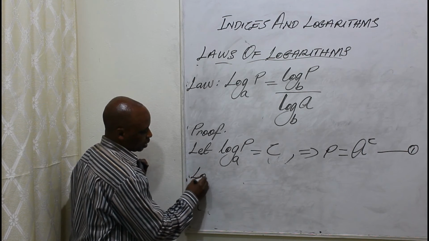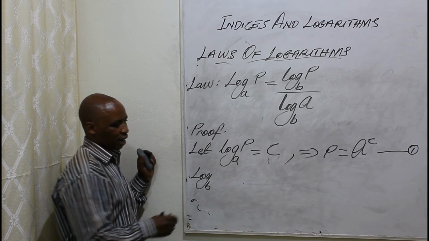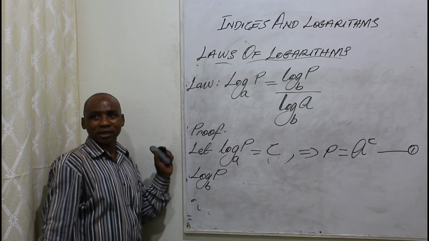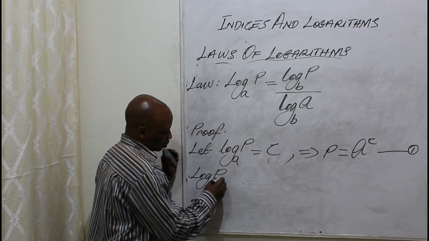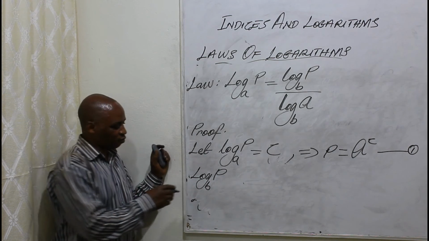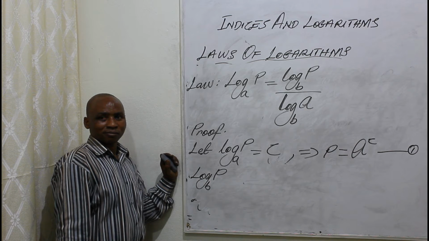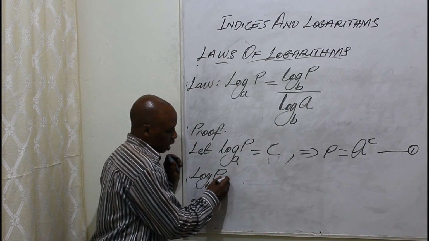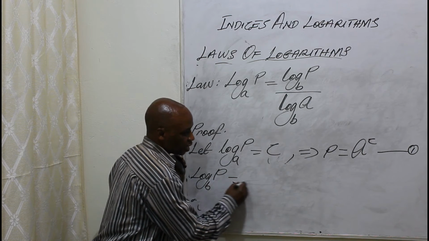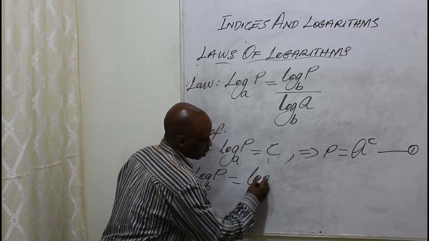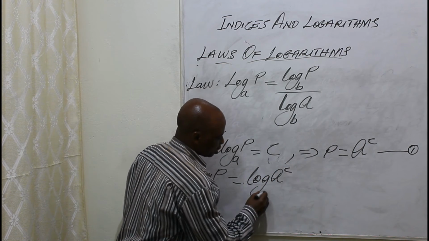Then, taking the log to base b of both sides, we will end up getting the log of p to base b equal to the log of a raised to the power c to base b.